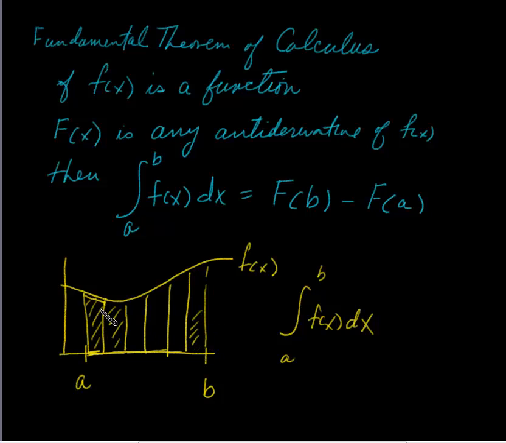Now, we know that's an approximation. If we would divide these little rectangles in two, we'd have twice as many of the rectangles, but because we'd have a better idea of what the actual height of these rectangles was, we'd have a better approximation of the area.